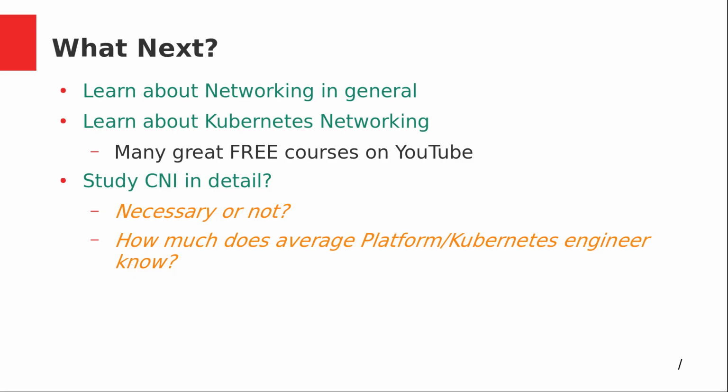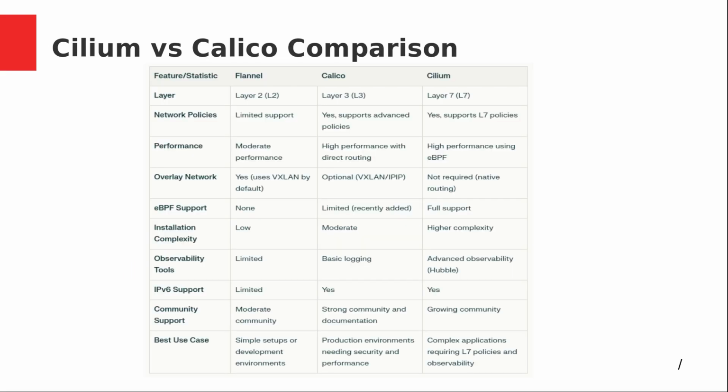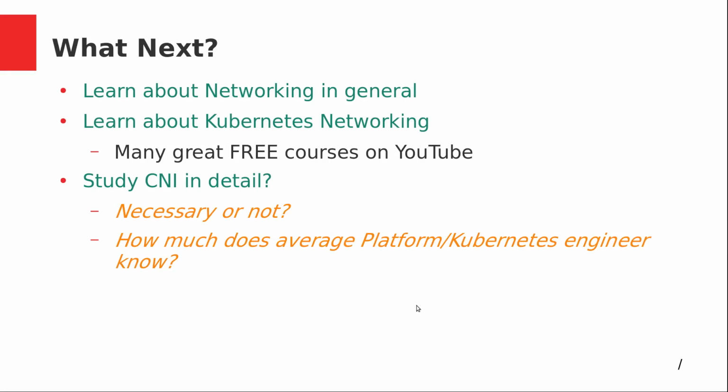You're not all day long on Kubernetes. Then I would say you don't need to know CNI in great detail. You need to know what it is, but you don't necessarily need to know how it works. It's good enough to maybe have experience of one of Cilium or the other product that we mentioned, which I keep forgetting, Calico. And that would be enough. You don't need to study it in detail.